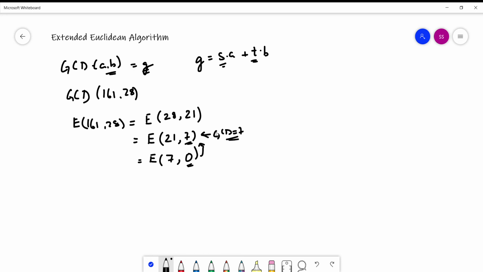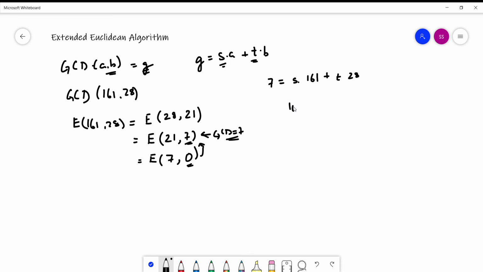Now we have to write this 7 in terms of A and B. A is 161 and B is 28. So we have to find this S and T, which we will multiply with 161 and 28 respectively to get 7. Let's do the second method for finding the GCD, and we have to extend that method.